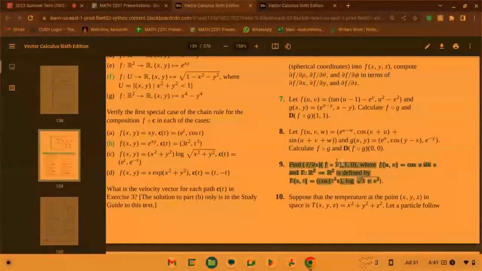Okay, so I couldn't present this one. I had it done, I just wanted to show it real quick. This is 2.5, question number 9. It says find the derivative of f with respect to t at (1, 0), where f(u,v) equals cosine of u times sine of v, and it's defined by g(s,t), which equals cosine of t squared s and log of the square root of 1 plus s squared.